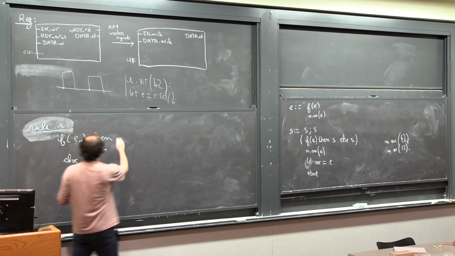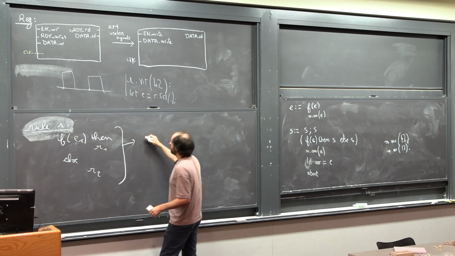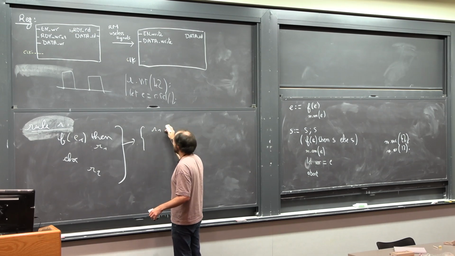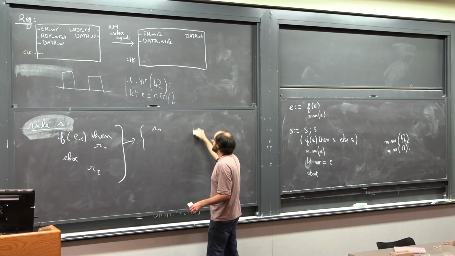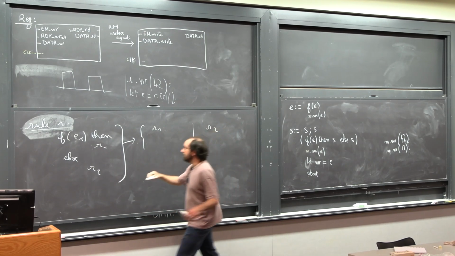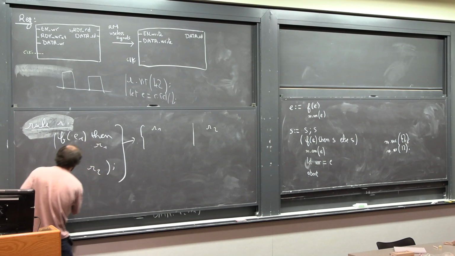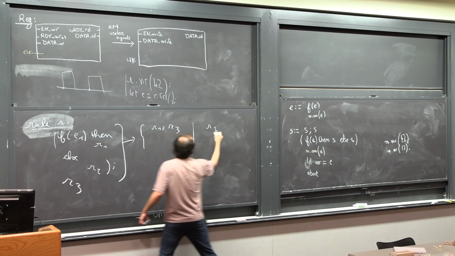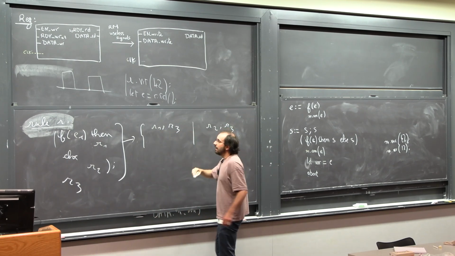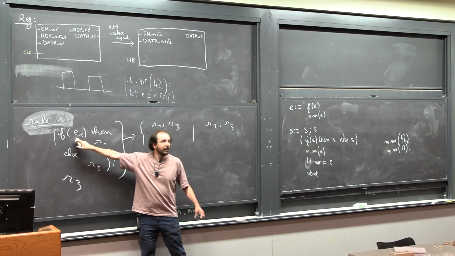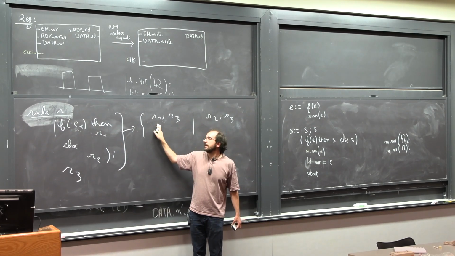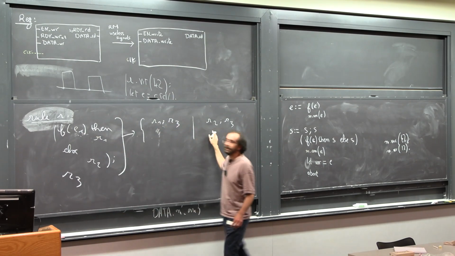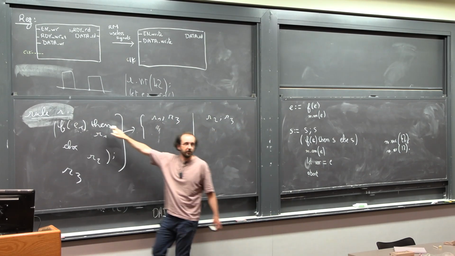Well, then I can basically say, is that not so different from having a set of two rules, one in which I have r1 followed by nothing, and one in which I have r2 followed by nothing. Maybe, to make it slightly more complicated, I will put an r3 here, an r3 here, an r3 here. And then I need to remember somehow that this rule only makes sense in the case where this condition holds, and that this rule only makes sense in the case where the negation of this condition holds.